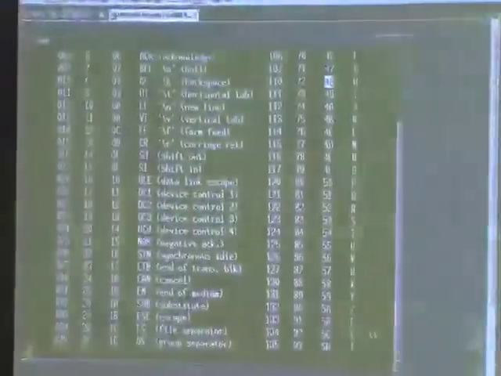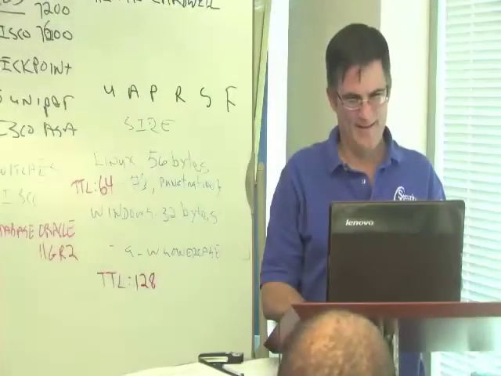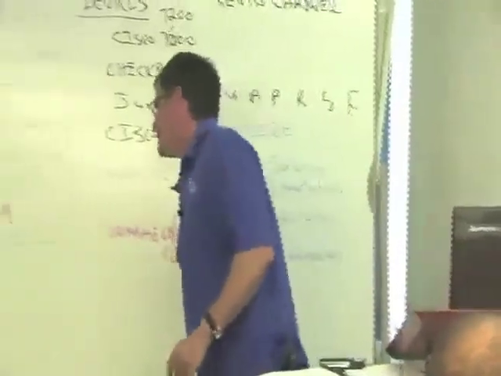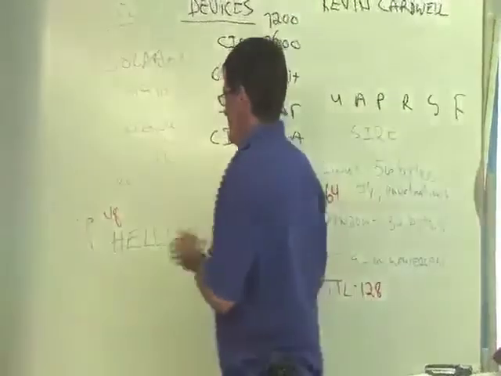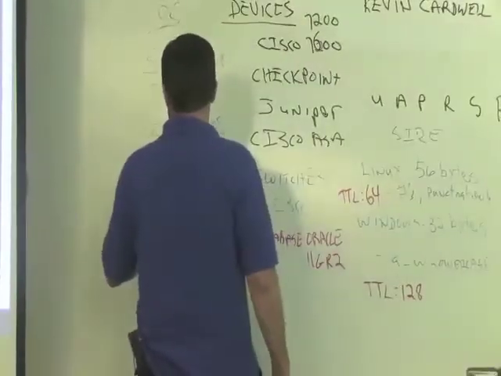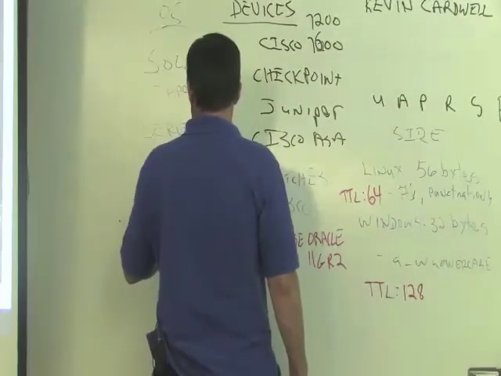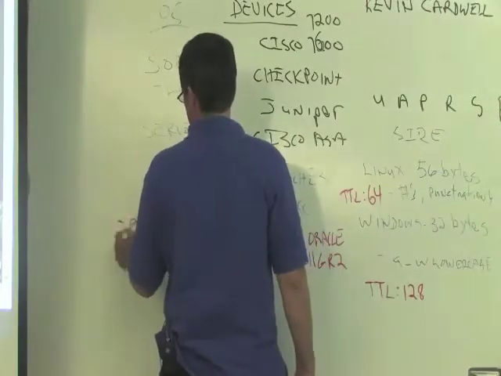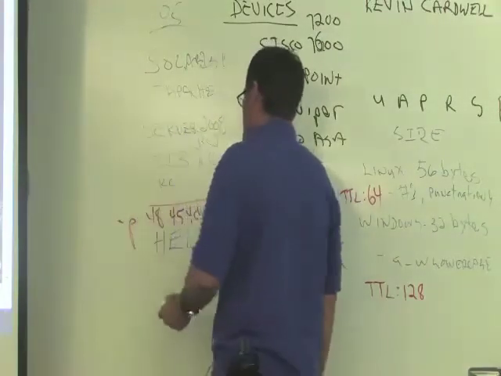And then capture it in Wireshark and show it to me. Okay, the next hint. What is the pattern? 48? 48, 45, yep. 4C, 4C, 4F. Yep. So if you type in dash P space and those 5 numbers, what happens?